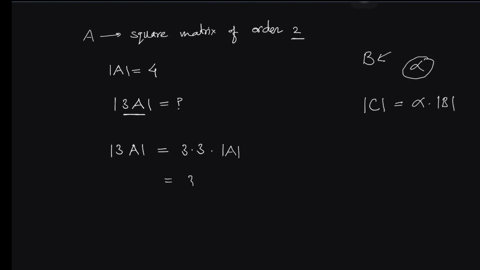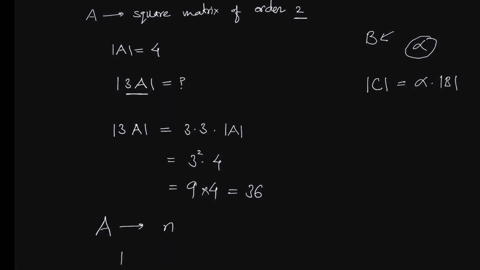So this will be 3 squared into the determinant of A, which is 4. So this will give you 36. In general, we can say that if we have a square matrix A of order n, then the determinant of alpha A will be alpha to the power n, where n is the order, into the determinant of A.